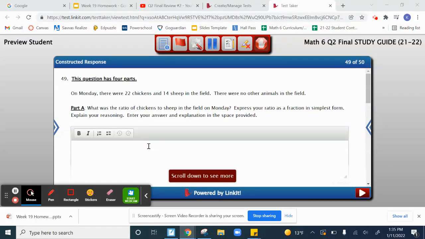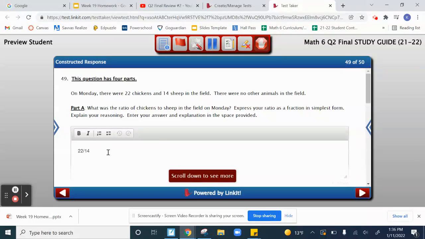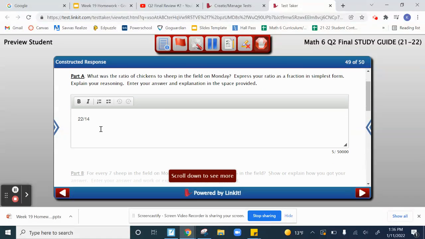Okay, so we need a fraction. Since it's asking for the ratio of chickens to sheep, the number of chickens needs to go first, which is 22, and then the number of sheep needs to go second, which is 14. So that's going to be 22 over 14.